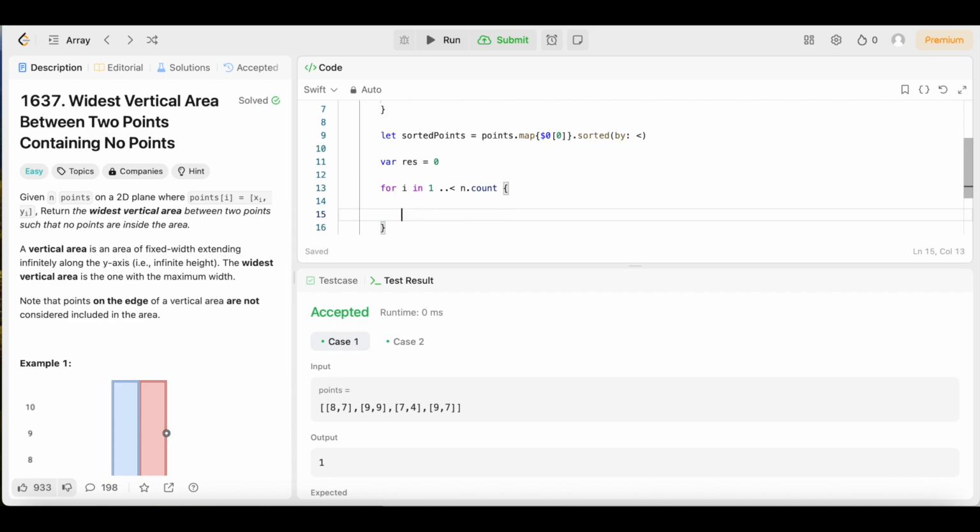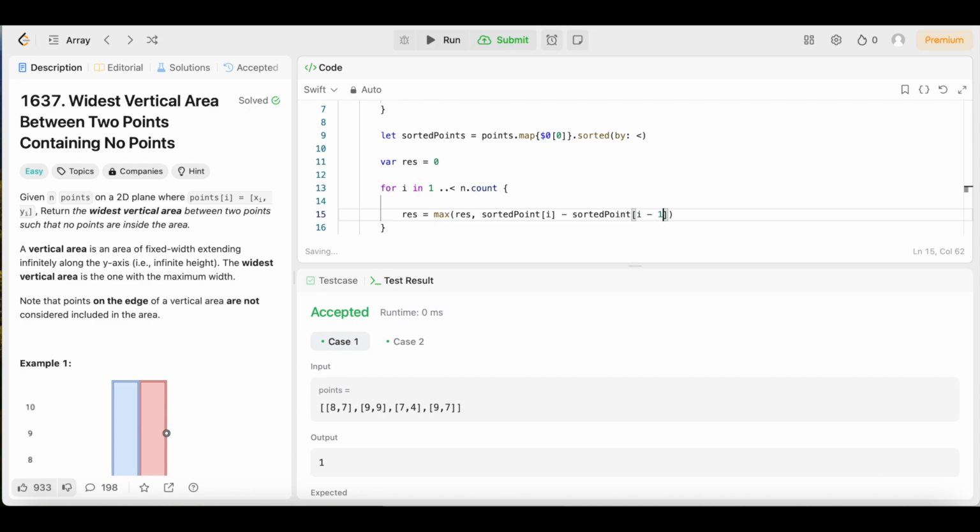Then we are going to open up the brackets and we are going to say res equals max, open up the parentheses, and we're going to put res right here, and this is going to give us the max of either the result or the sorted points. So sortedPoints, open up the array brackets and put an i. Then we're going to say minus sortedPoints, open up the array brackets, i minus 1.